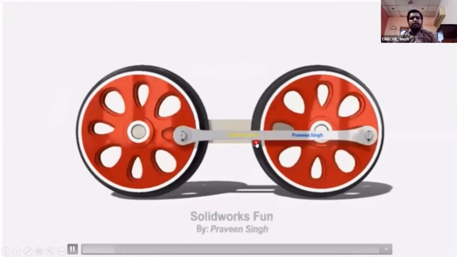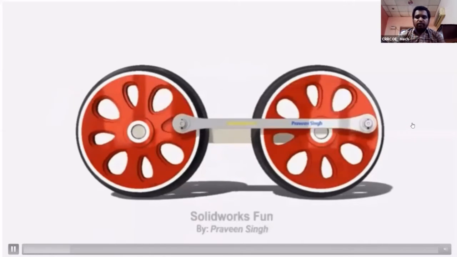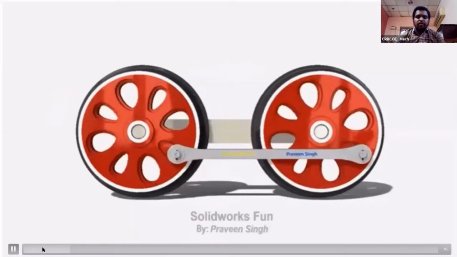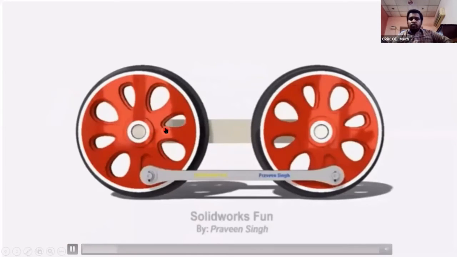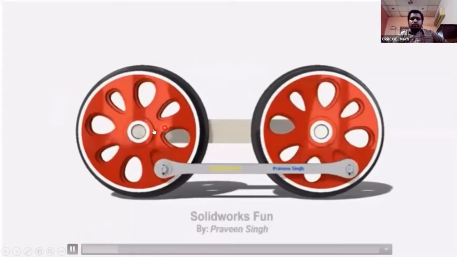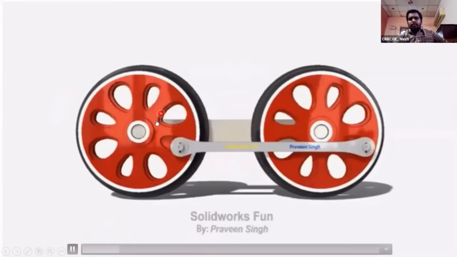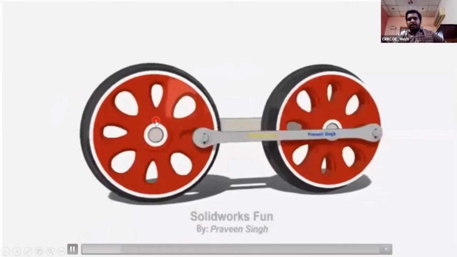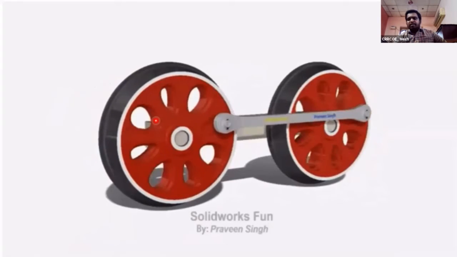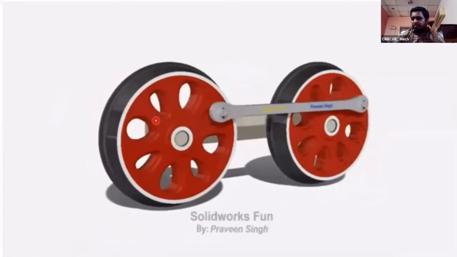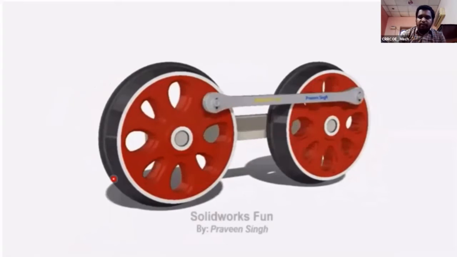This is called the double crank mechanism because here two links make a complete revolution. Locomotive wheels are the best application of the double crank mechanism. This is one of the inversions of the four-bar chain mechanism.